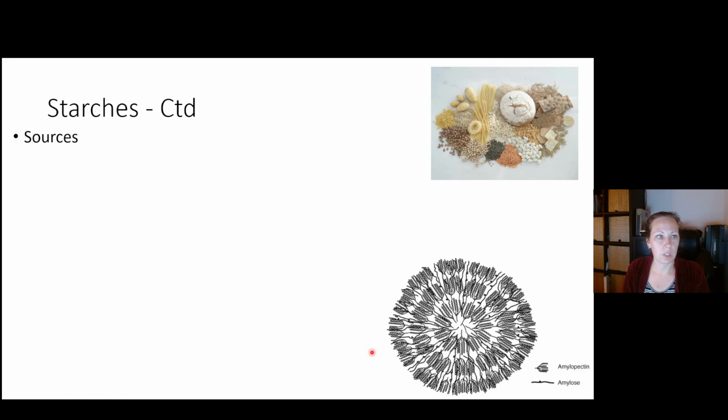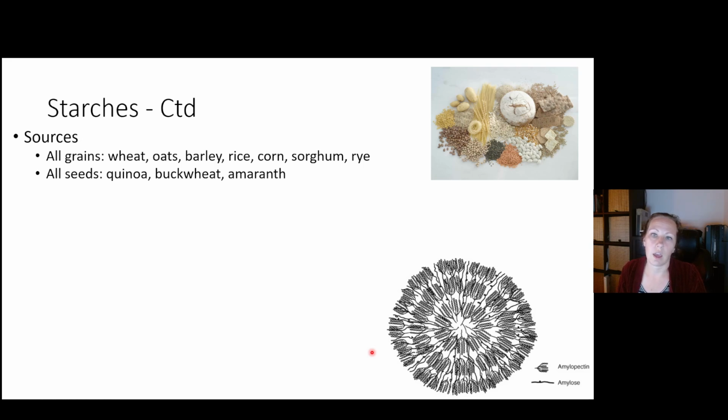Okay, so the sources of starches. We find starches in all of our grains, so wheat, oats, barley, etc. Any seeds have starch as a big component of it. And of course, root vegetables such as potatoes, tapioca, and arrowroot are common starch ingredients.